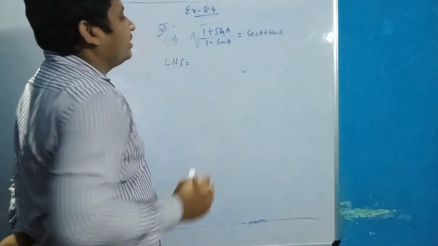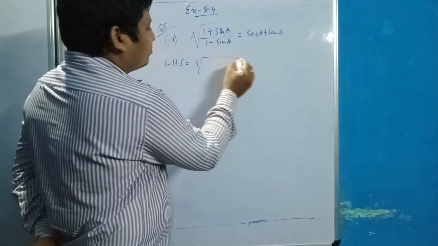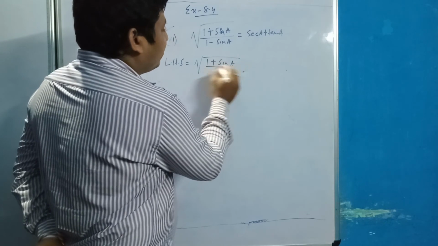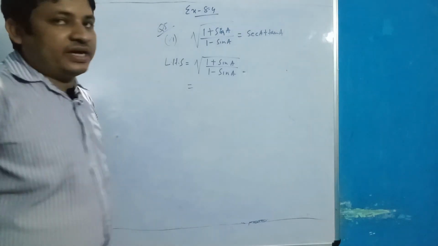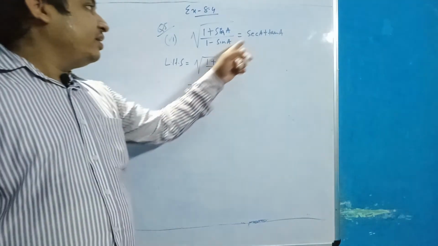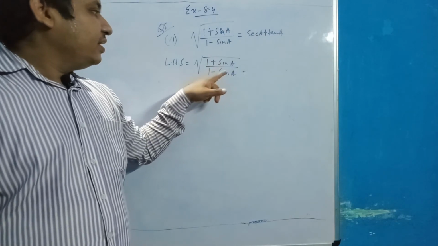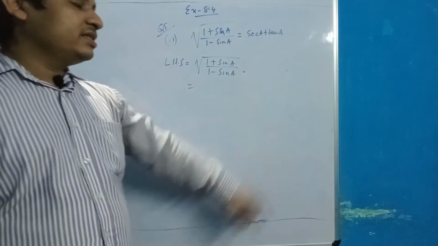Let us prove from the left hand side only: (1 plus sin A) by (1 minus sin A). This kind of problem can be proved when we see plus is there. Let us multiply in denominator and numerator by 1 plus sin A.